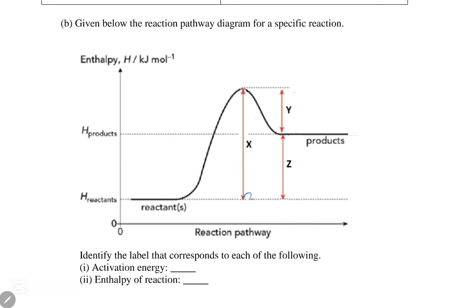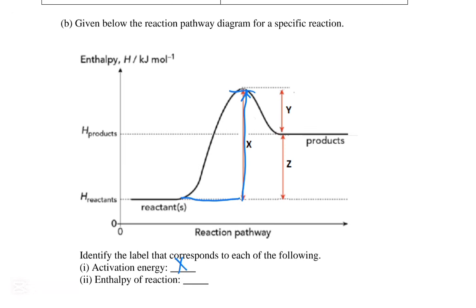It corresponds to X. When we're talking about activation energy, it's the heat from the reactants all the way to the top of the peak. Then this is X, and this is going to be my activation energy.